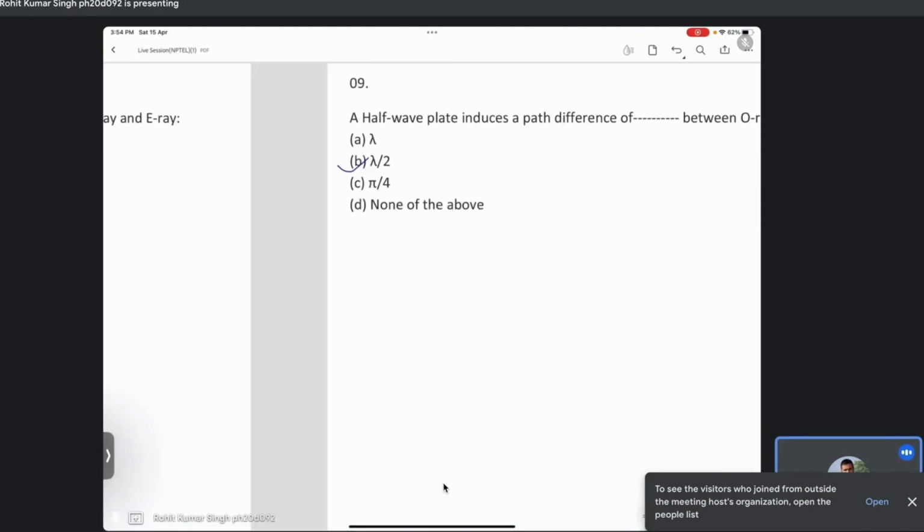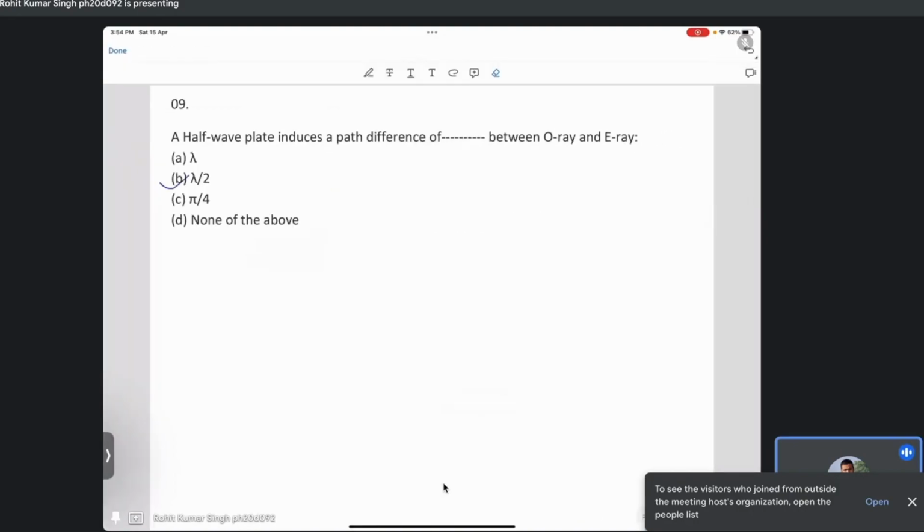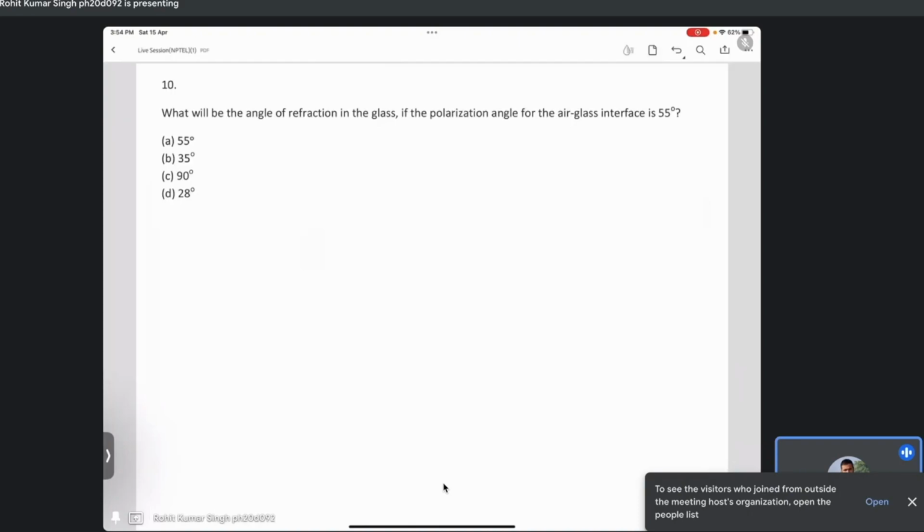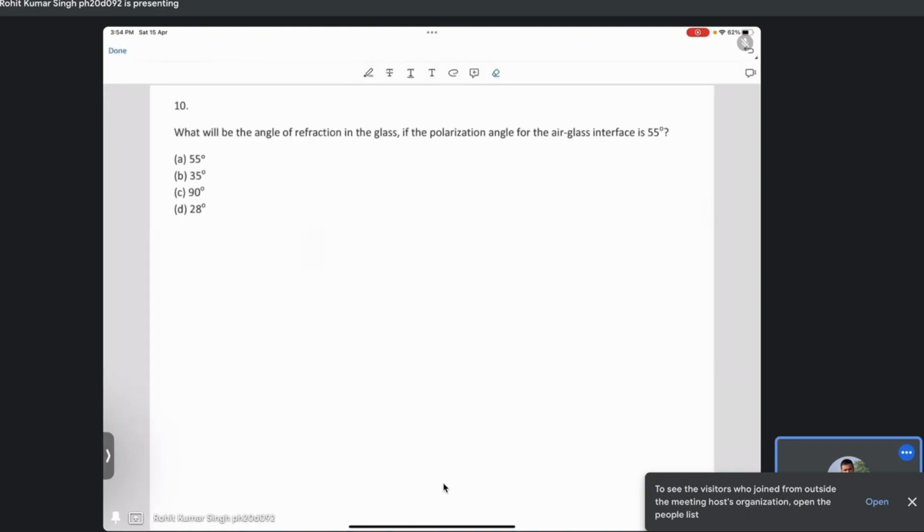Okay, then our last problem for today. What will be the angle of refraction in the glass if the polarization angle for the air glass interface is 55 degree? Again, it's a very simple problem. Can you suggest the solution?